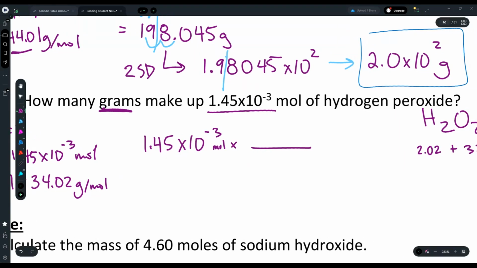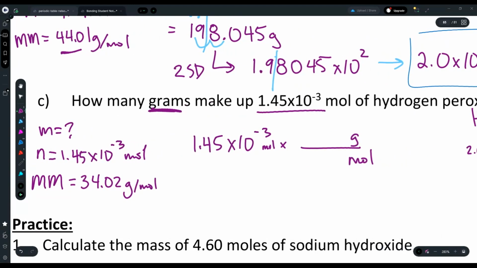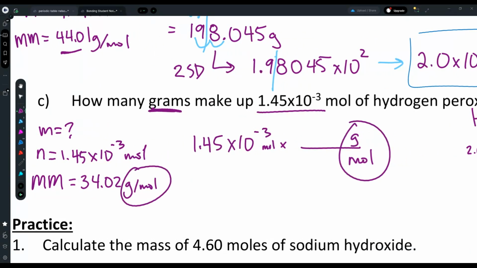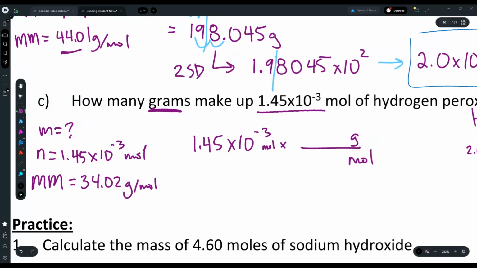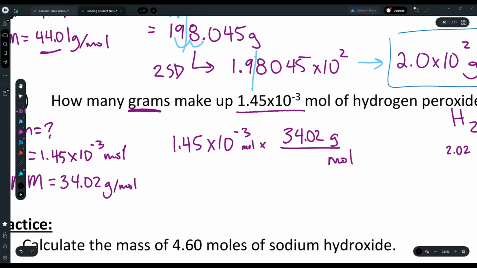Okay, so I want to cancel out moles and be left with grams. So moles is on the top. I need to put moles on the bottom, and then grams goes on top. Okay, so our molar mass. How I know to put molar mass there is because the units are grams per mole, which match up with my units for molar mass. So 34.02. So moles cancels out.